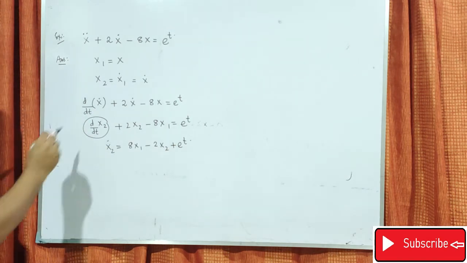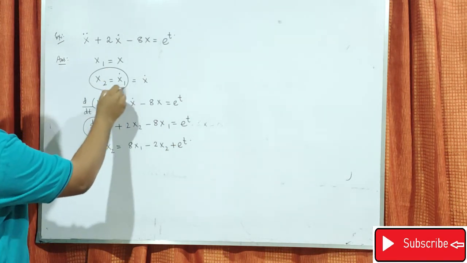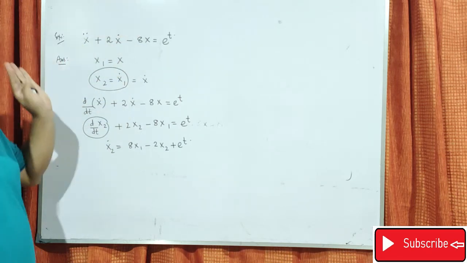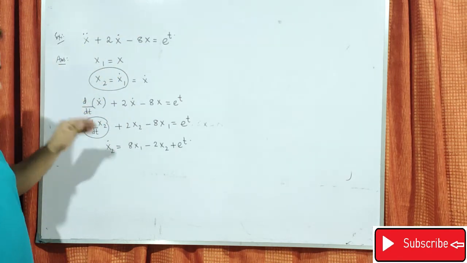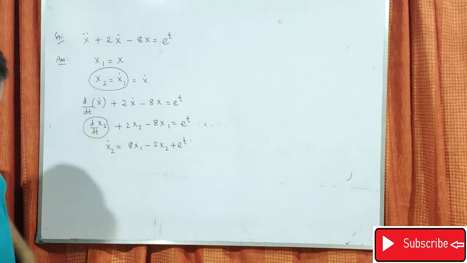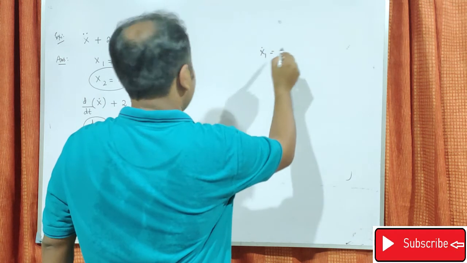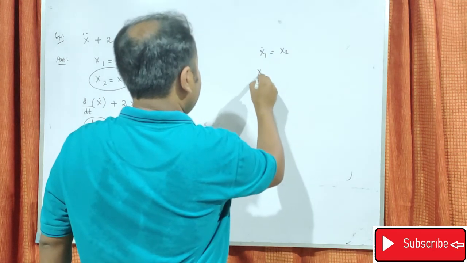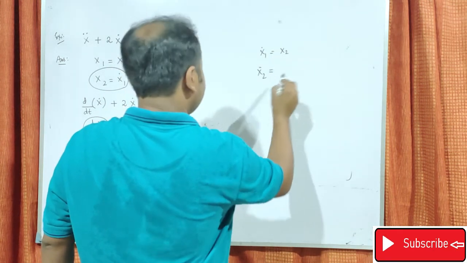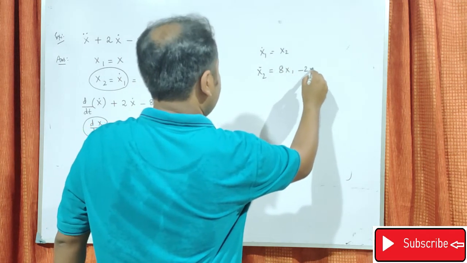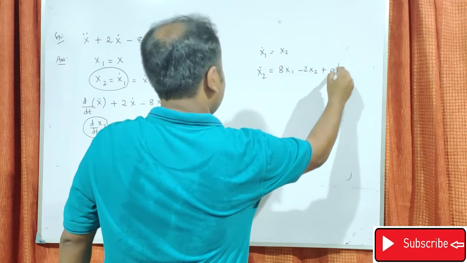So what we have got? We have got two equations again. So basically we are eliminating this x and converting this system into the form of x1 and x2. So we have got x1 dot equals x2 and x2 dot equals 8x1 minus 2x2 plus e power t.